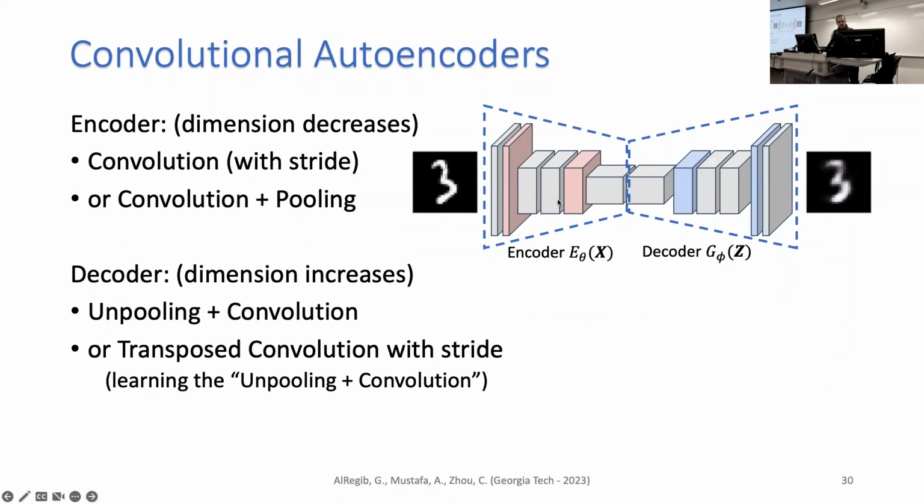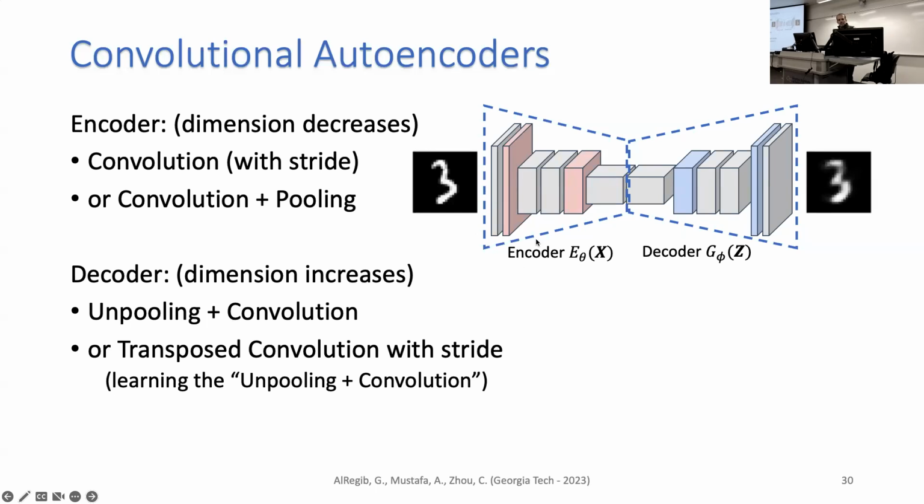So now we look at a much more familiar setup in the literature, where the autoencoder looks something like this: the encoder is very wide on the left and very narrow on the right, and the decoder is the other way around, narrow on the left and wide on the right. But it's the same process.